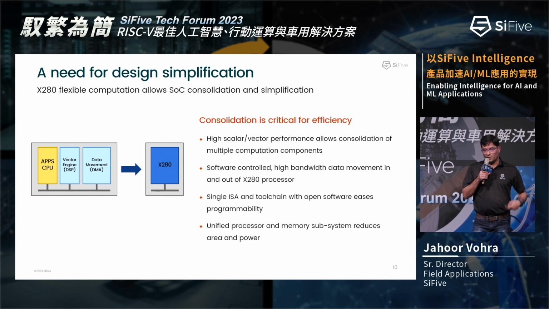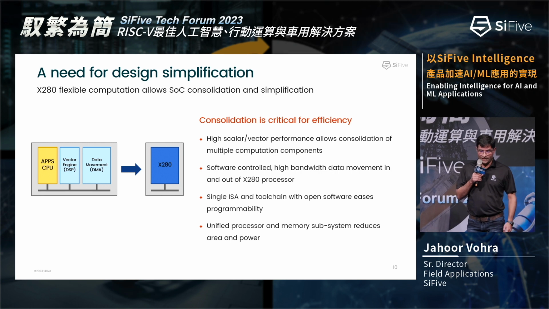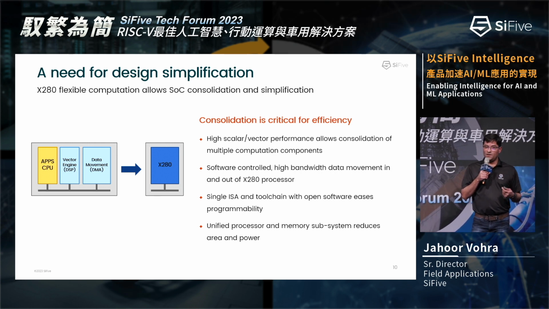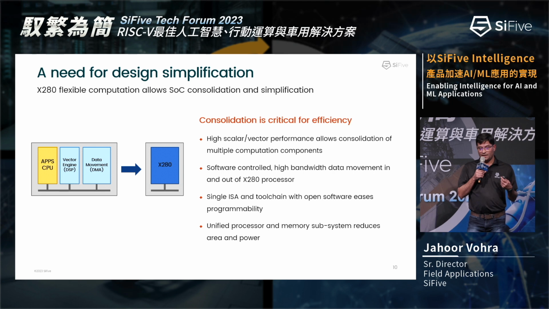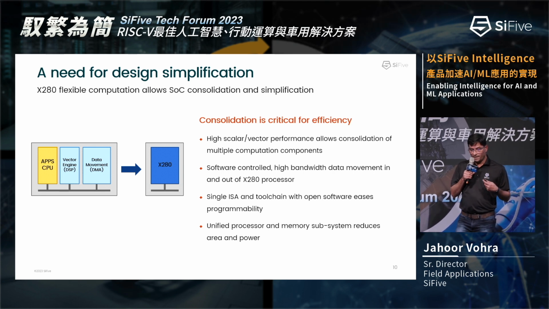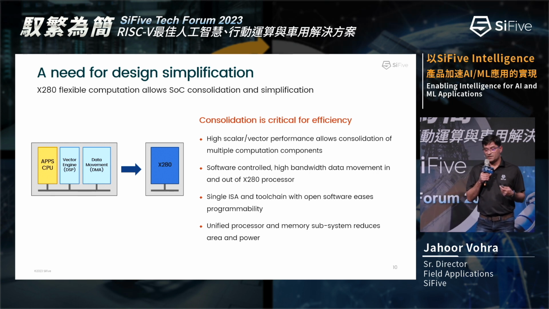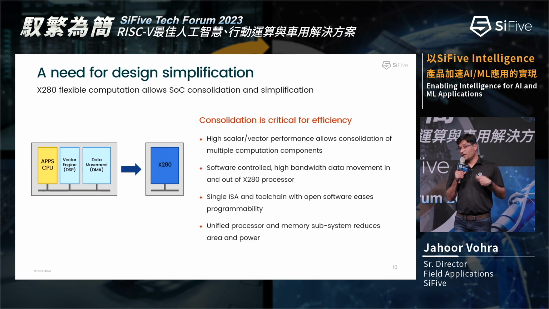So X280 enables flexible computation, as you can see in this chart, right? Typically, as I said, you have an apps core, you would have some sort of DSP or a vector engine, and some sort of a DMA that moves a lot of data around in the SoC. X280 essentially allows you to efficiently implement the processing streams through a single core, whereby the 64-bit apps core with MMU can run Linux.